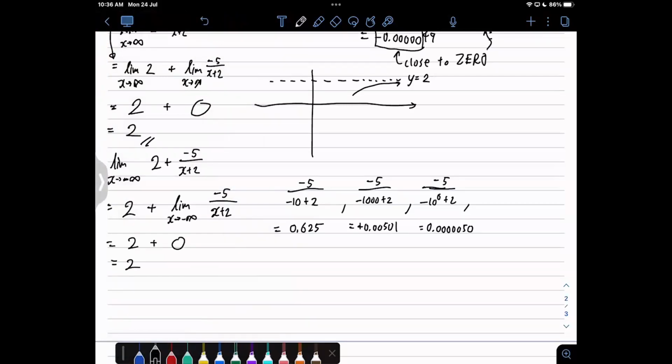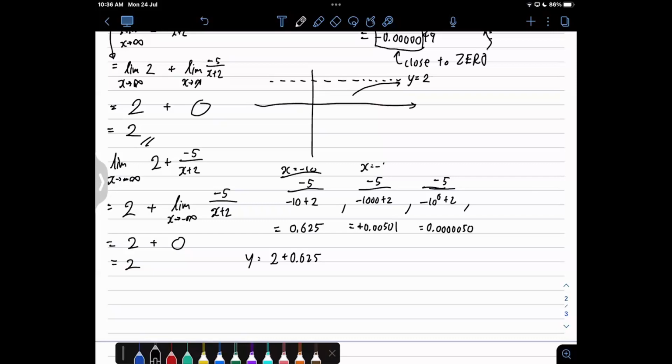So it will equal 2, meaning that the graph will eventually approach y equals 2. Here is y equals 2. You're going to approach it if you sub in a value of x which is very, very small. But it will always be slightly above, because of the value of the expression when x equals negative 10. When x equals negative 10, the y value is 2 plus 0.625, which is slightly above 2.